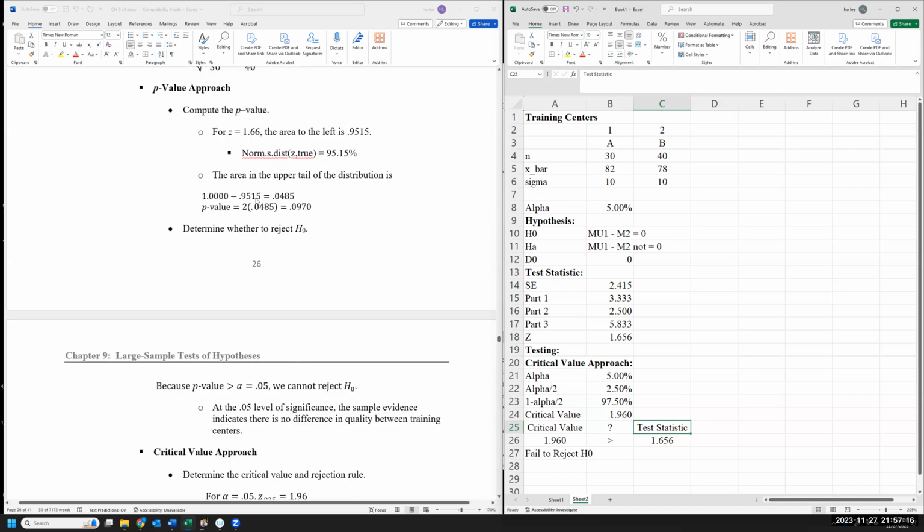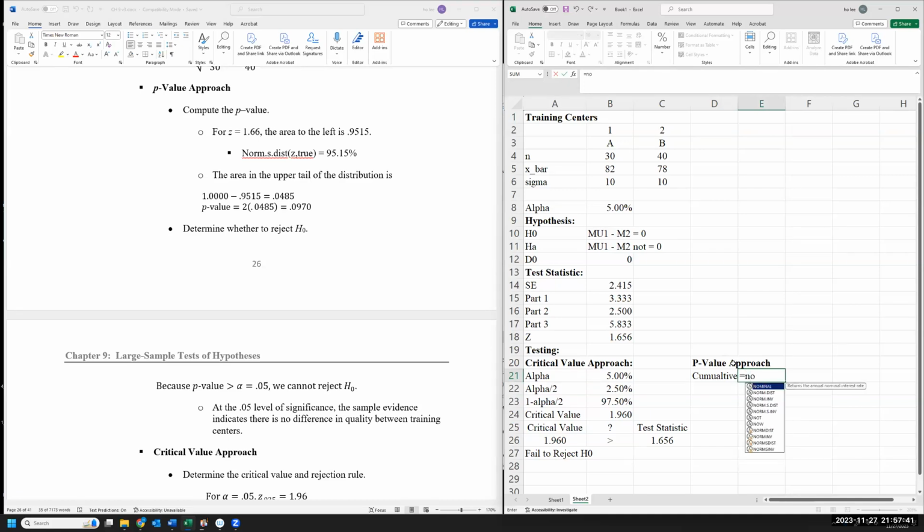And let's do the p-value approach, which is right here. We'll do it together. To calculate the p-value, we need to get the right tail, but we need to do the cumulative. And this is equal to norm.s.dist.